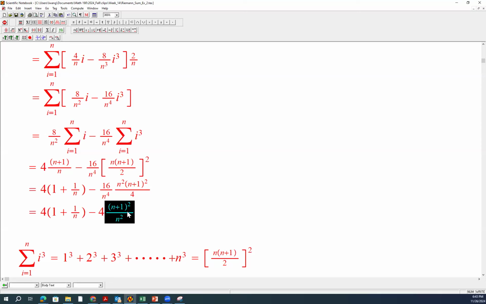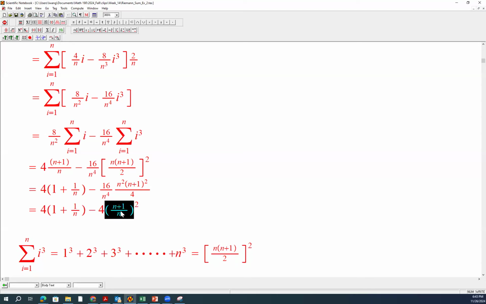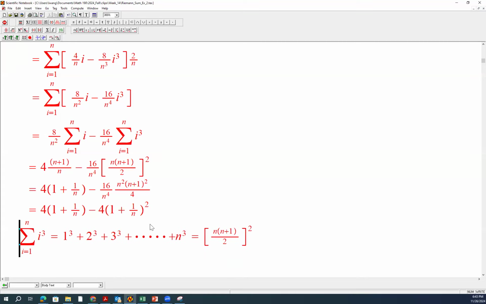And that piece, I can write it as parentheses, right? You can do it any way you want, actually. There are multiple ways to do it. But I write it this way, and inside here, I'm going to replace it by that piece. Okay, so now ready to take limit.